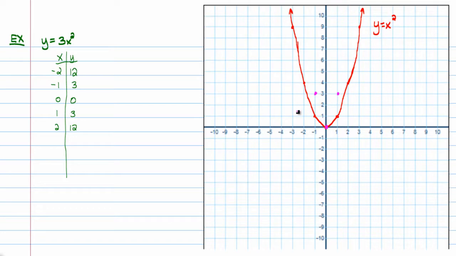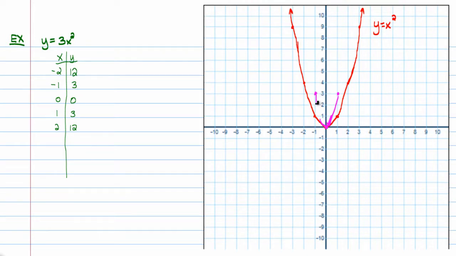When you plug in a negative 2, the output is actually off the charts here. It's way the heck up here. So you won't be able to see it on the screen, but I'll plot it up above. And same thing when you plug in positive 2, it's at 12, so it's way off the screen. And when I go to connect these dots, trying to be somewhat smooth with the curve, it's very difficult when it's this steep.